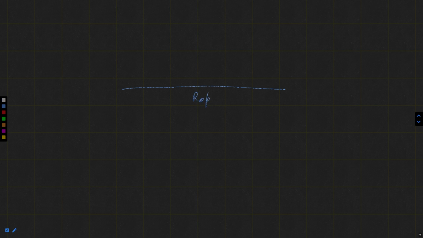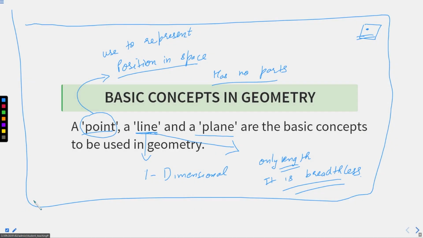Then you can walk to your front or backward. You can't move up and down. So that's a perfect example of 1D, or a line. I hope this is clear.